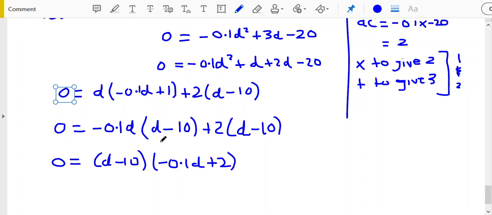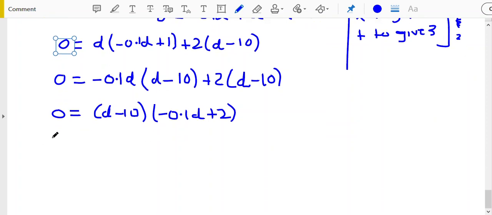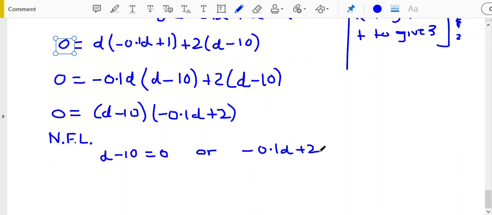Okay. Now I can use the null factor law, which is the NFL for short. And that says each bracket could be 0. So d minus 10 equals 0, or negative 0.1 d plus 2 equals 0.